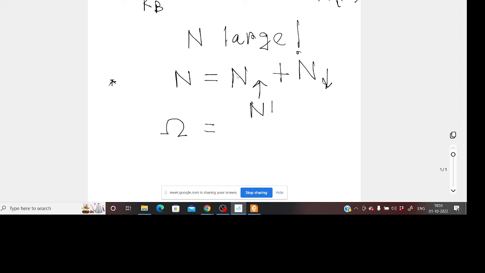It will be simply n factorial by n up factorial into n down factorial, right?